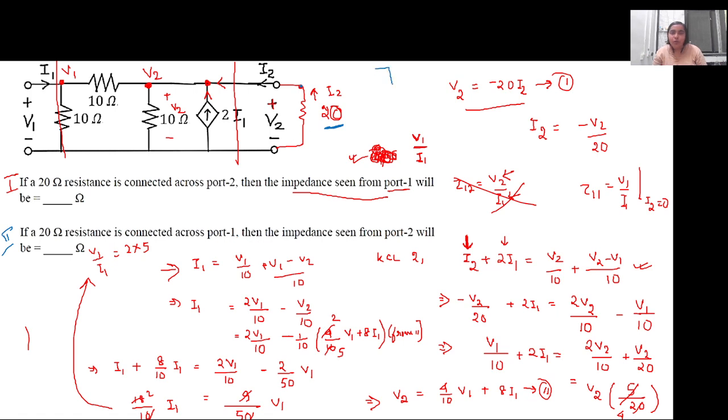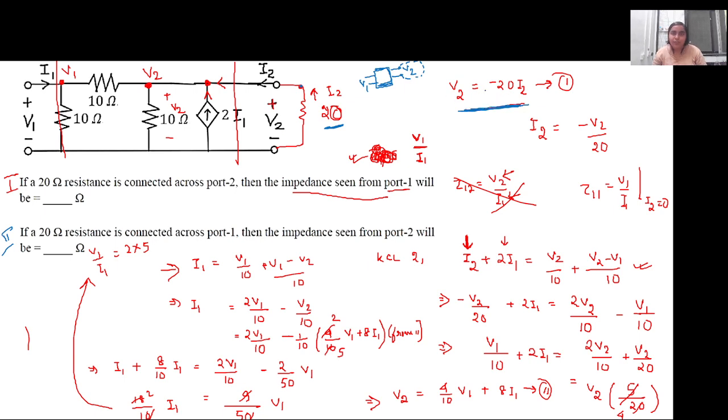Up to now, the two-port network was just a black box whose parameters we do not know, and this is the voltage across the output port, and this is the voltage across the input port. Now when this load resistance is connected, we have an additional condition on the output voltage.